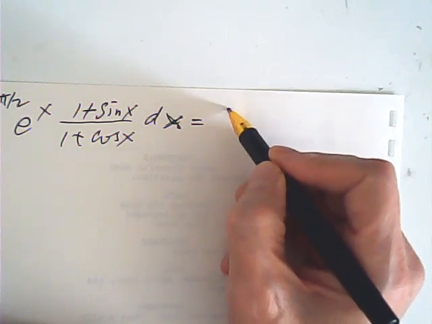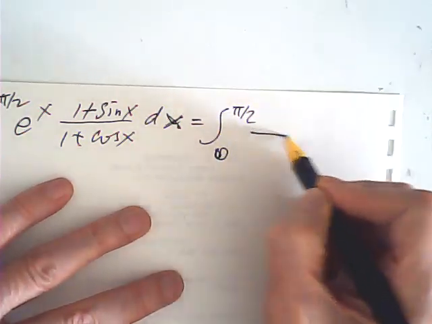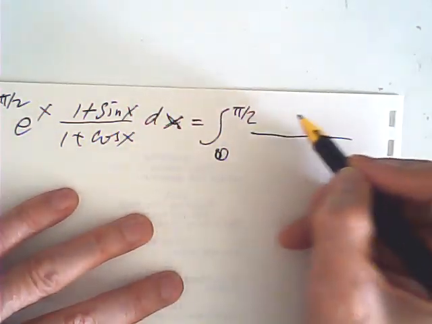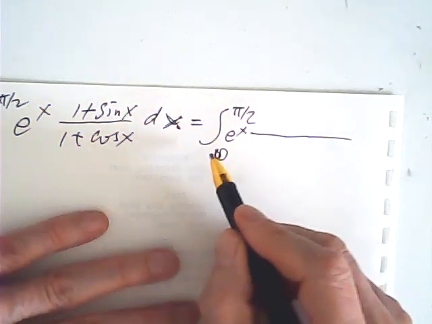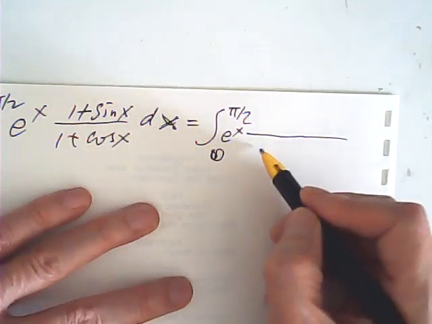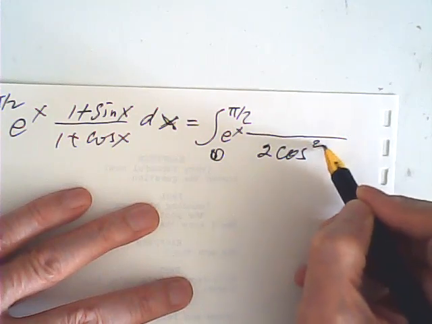This is e^x, and the denominator is 2 cosine square half of x.